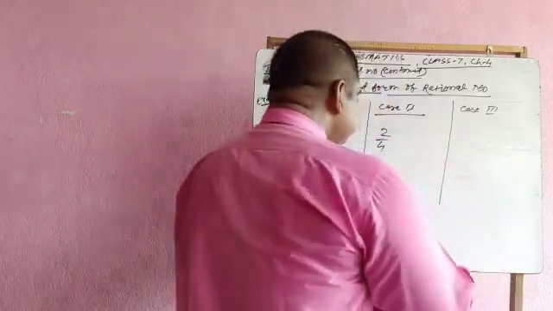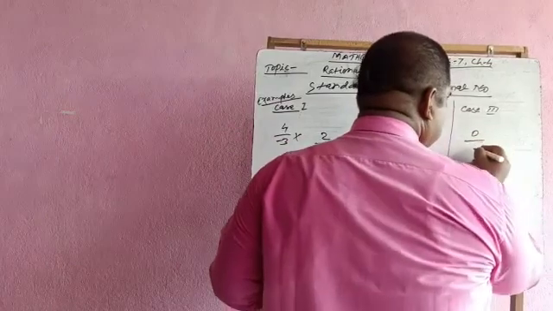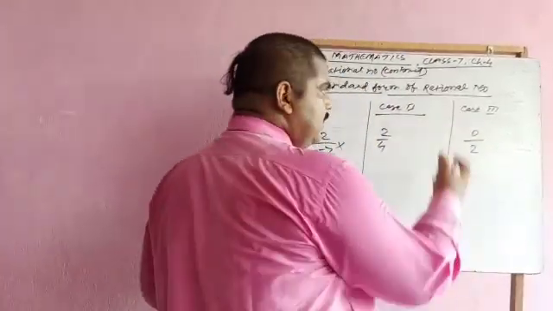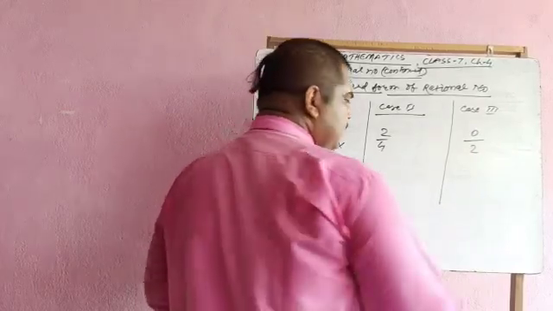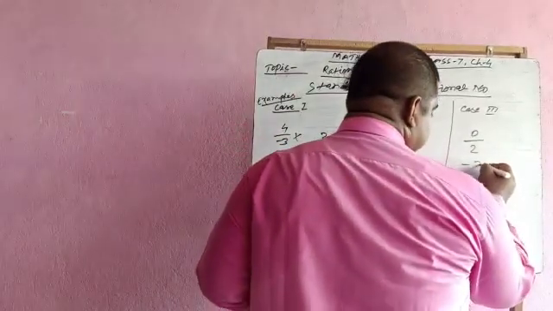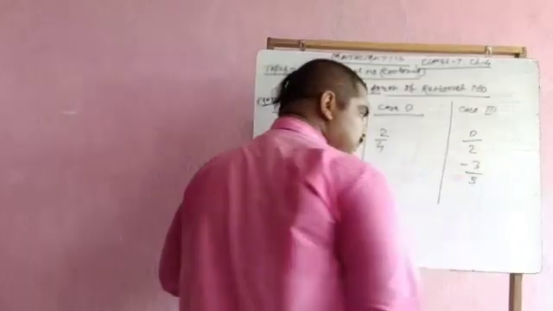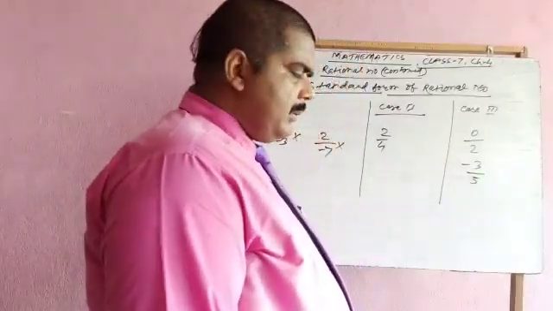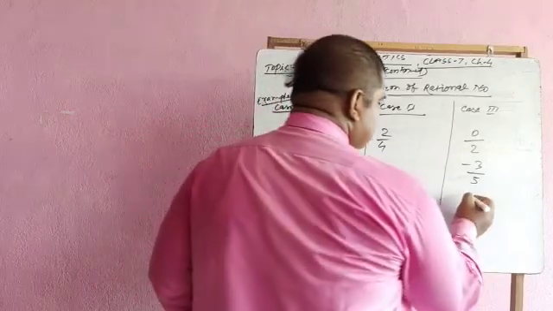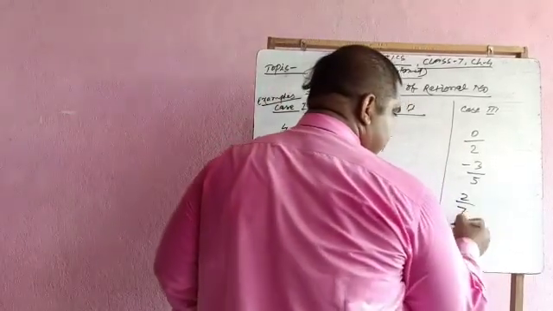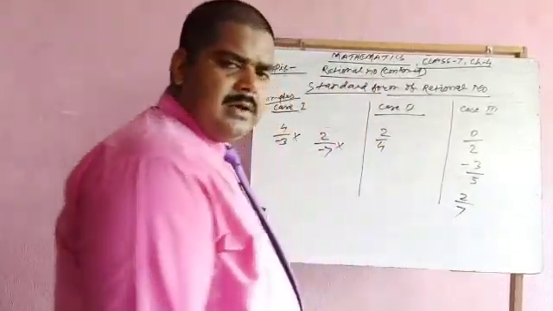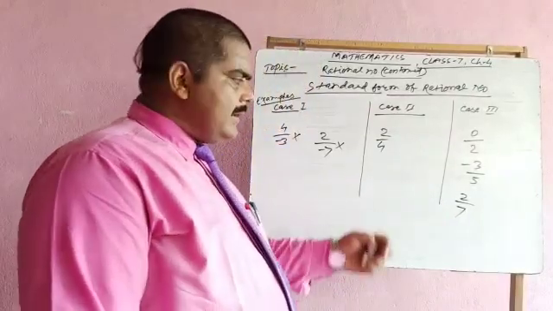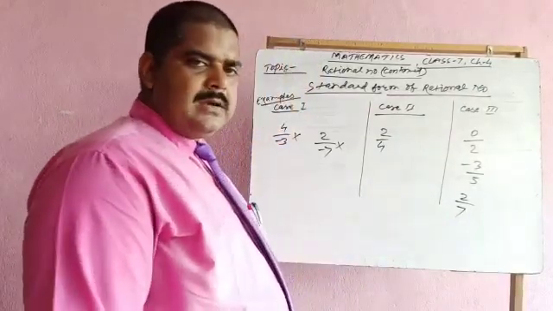For example, 0 upon 2 is also standard form, or minus 3 upon 5 is possible because a negative numerator is no problem. Or 2 upon 7 is also a rational number in standard form.